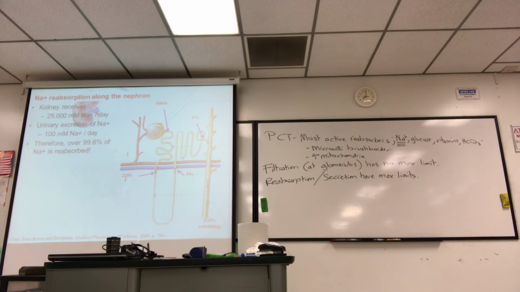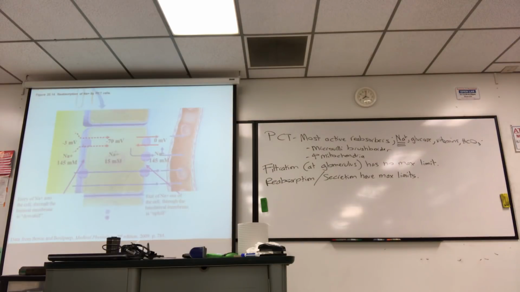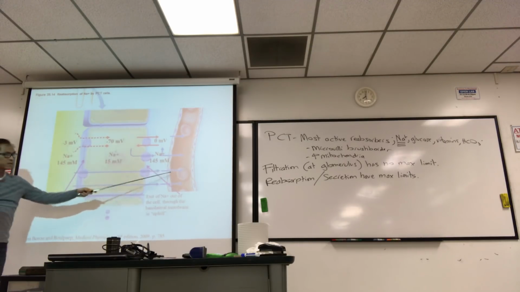So you have pictures in your book like this one, and we've studied this before in endocrine, where I taught the cell here, and there's filtrate, and there's blood, and it's the same lesson here.